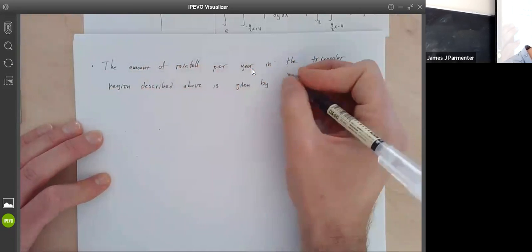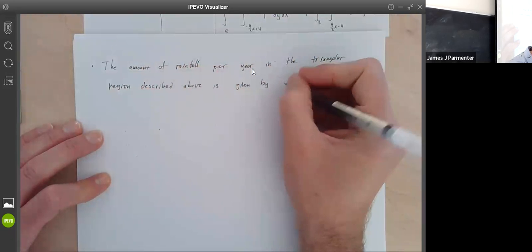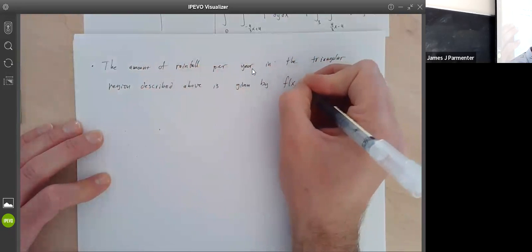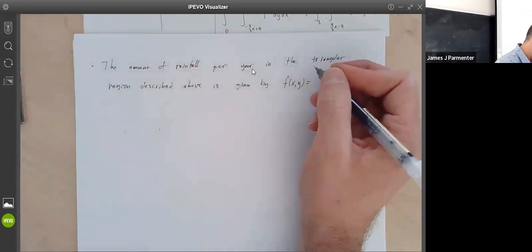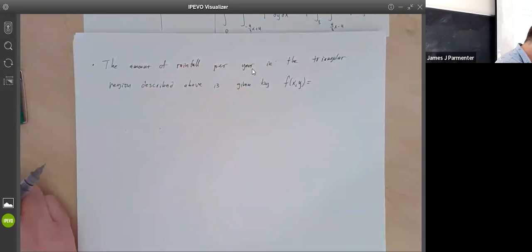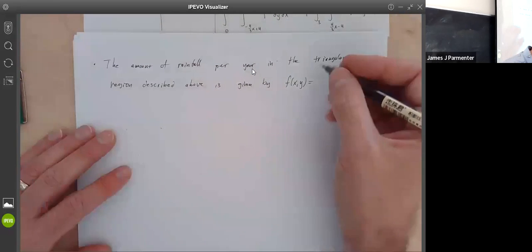It's given by f of x y equal to, I'm just trying to make sure I don't pick something really challenging to do.